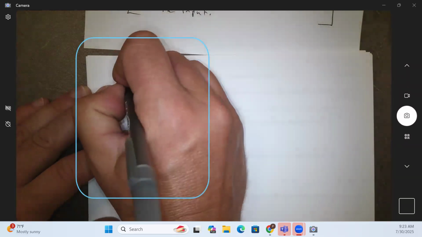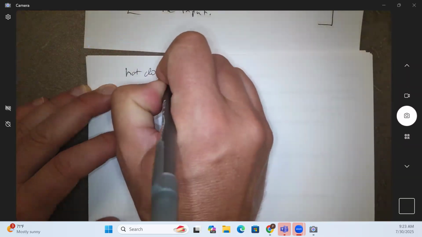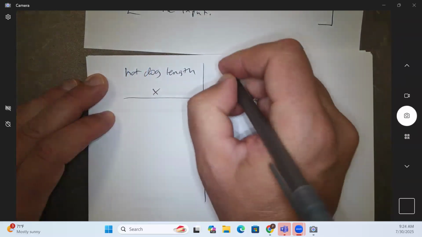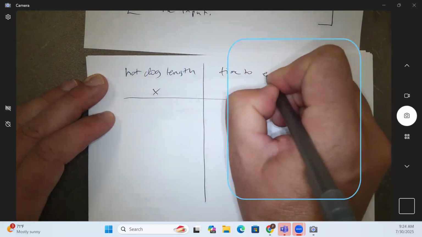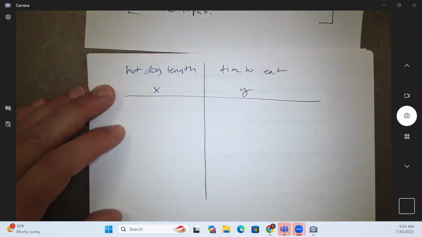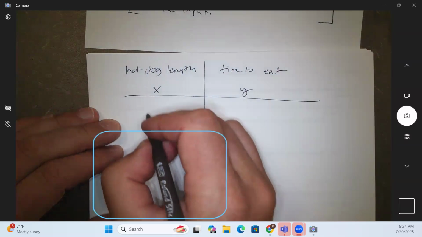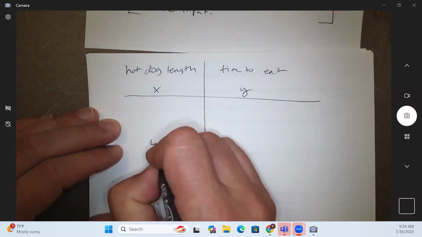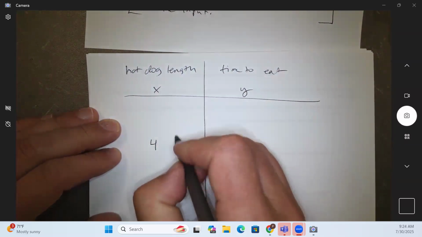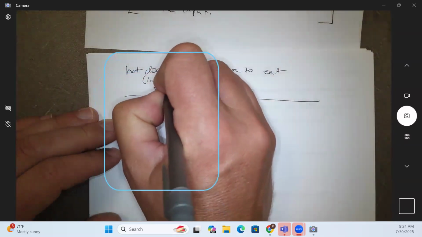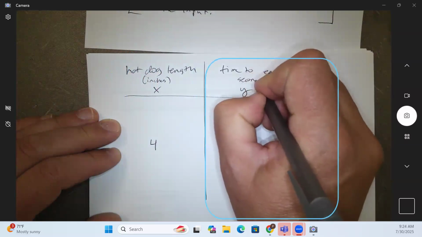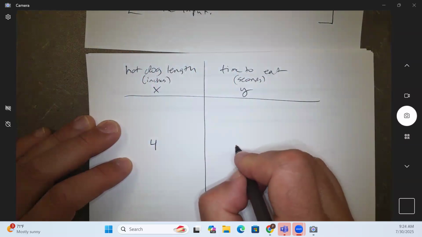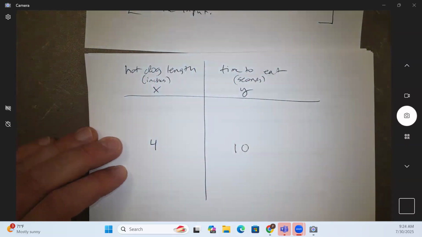So we've got hot dog length, which is our x, and time to eat, which is our y. And we know, I'm going to leave some space, leave yourself a little space, okay? 4-inch hot dog, inches, seconds. The 4-inch hot dog takes how long? 10 seconds.